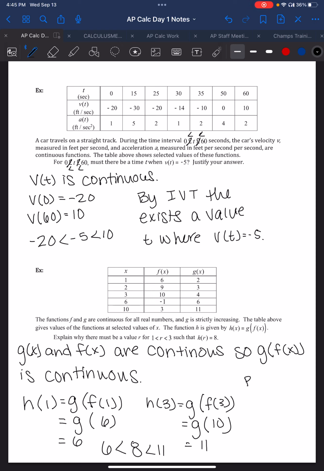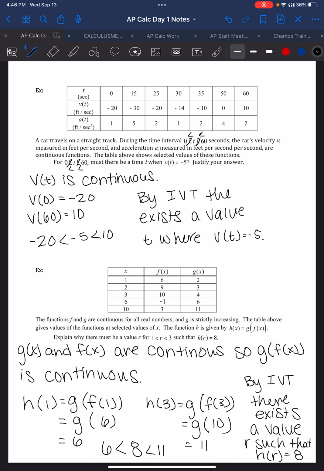So we know by IVT there exists a value r such that h of r equals 8.